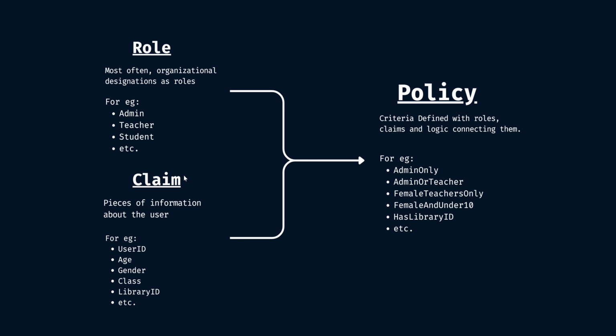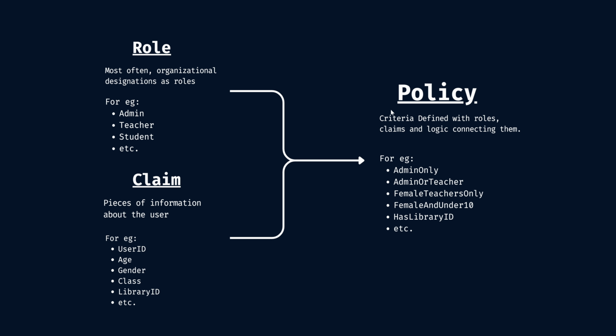And then we have claim. You could think of them as pieces of information about the user. So any information other than the role will be treated as a claim. For example, user ID, which we have already added to the JSON web token, then age, gender, then the class or grade in which the student is studying, then library ID, etc. And finally, we should be familiar with the term policy.